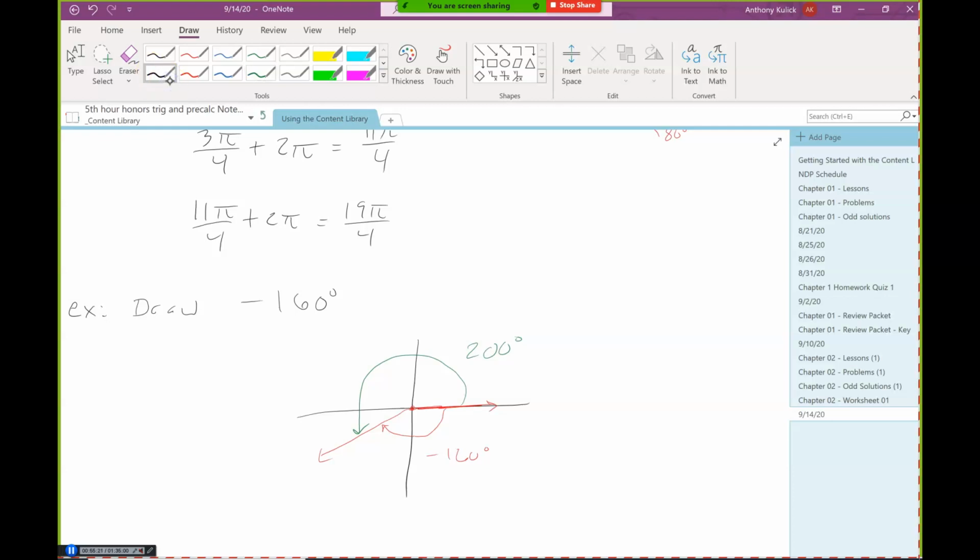Okay. So this is actually a really important skill, that you're able to competently draw these angles and get them in the correct locations.